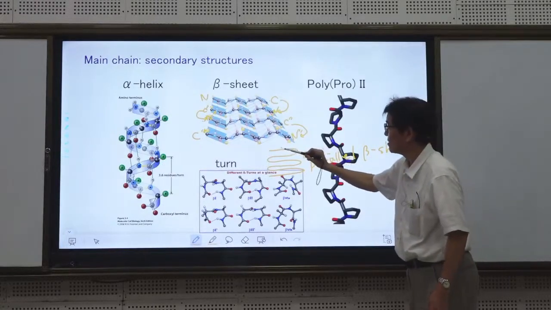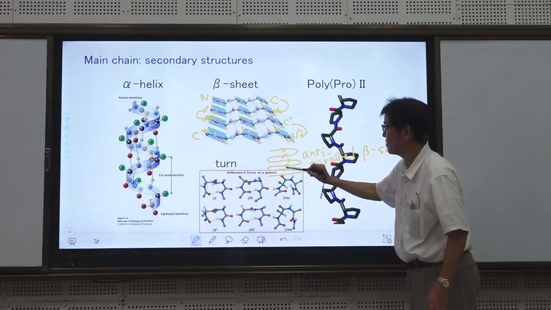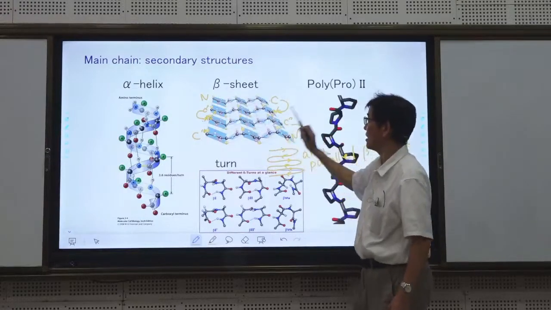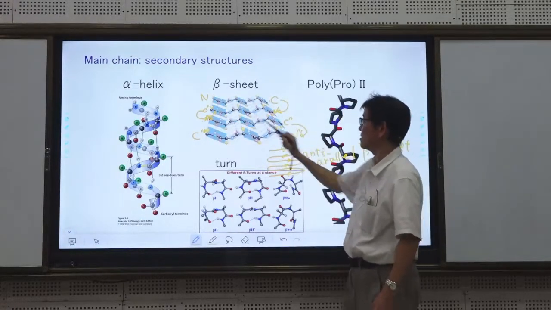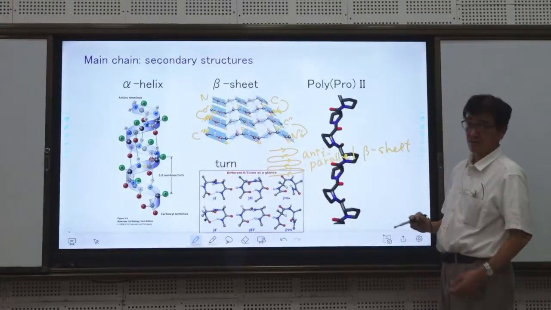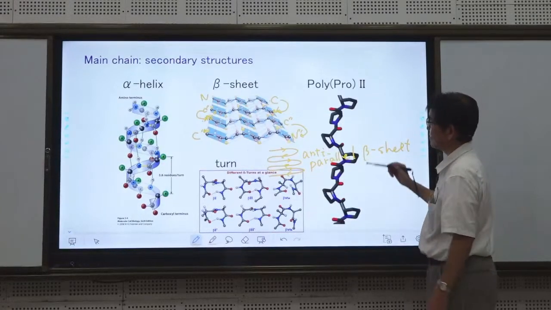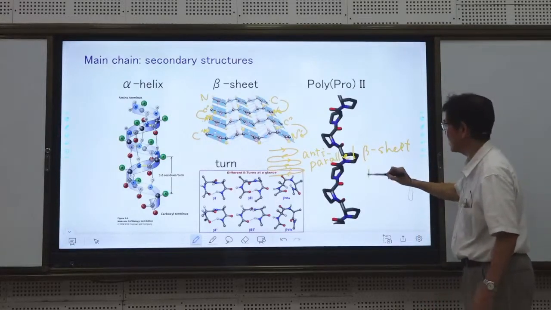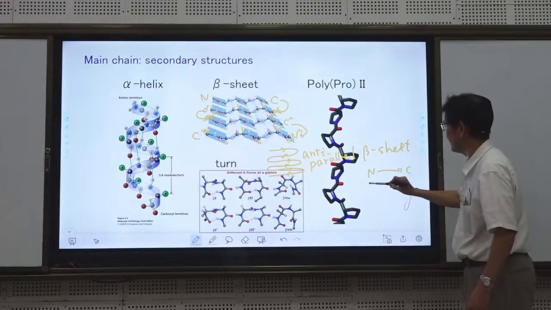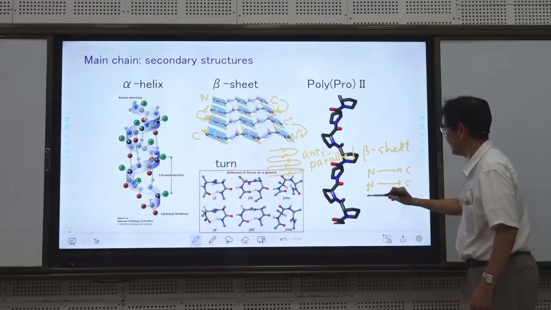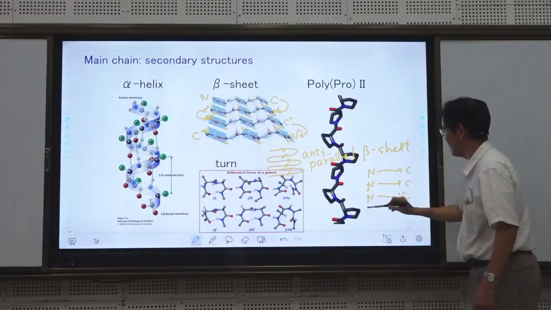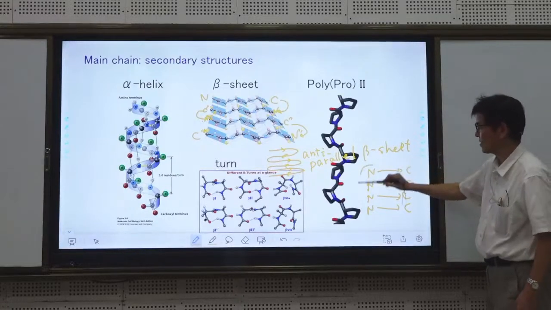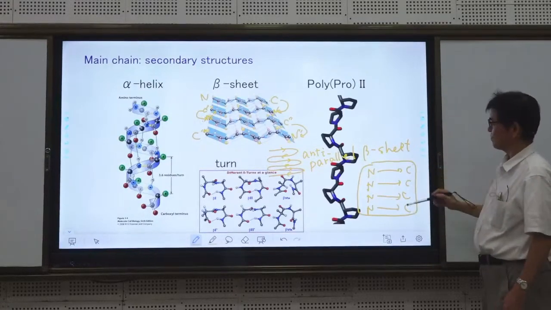Beta sheet structure. Parallel direction, positive. Rare, but sometimes this kind of beta sheet structure is also possible.